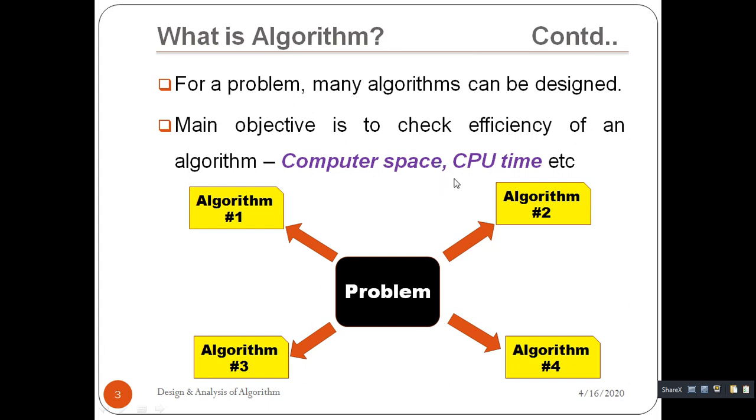In the first algorithm we are using 3 variables X, Y, Z, but in the second algorithm we are using 4 variables: X, Y, Z and W. We will go into detail later on how to check the efficiency of an algorithm by considering computer space and computer time.